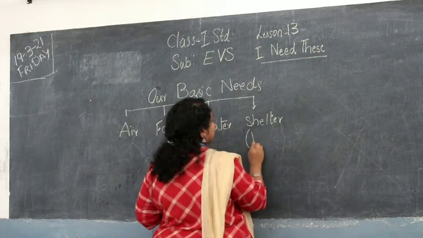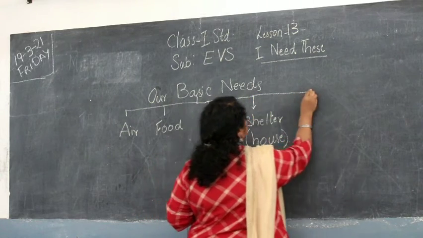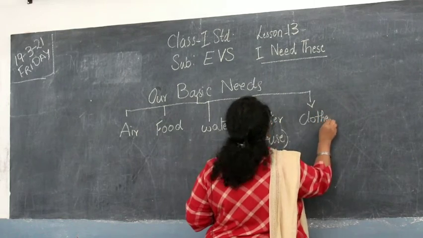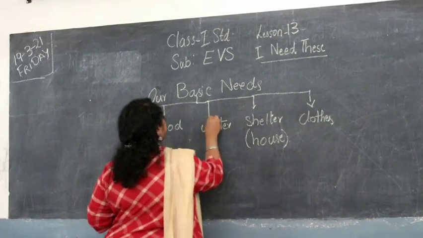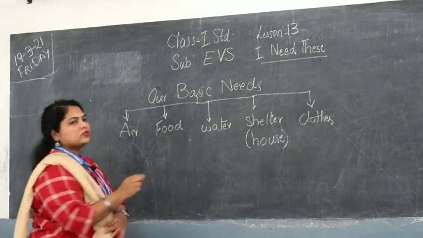Shelter is a house or a home, and then clothes. These are our basic needs, important things without which we cannot live on this earth.